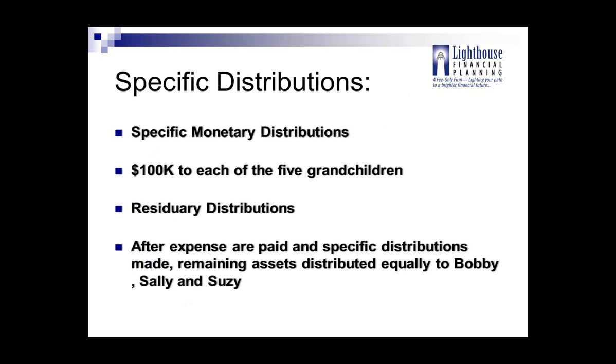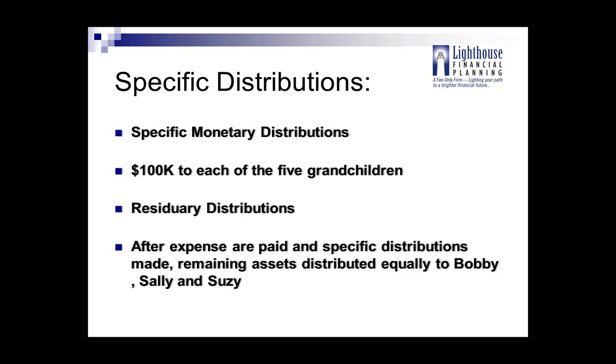Now, under the provisions of the trust in this scenario, George and Doris Smith provided for a $100,000 gift to each of their 5 grandchildren, leaving the remaining assets in the residuary to be split equally among their children, Sally, Bobby, and Susie.